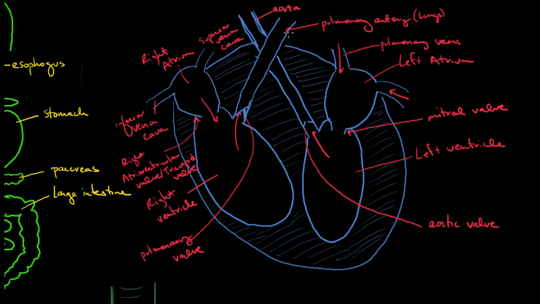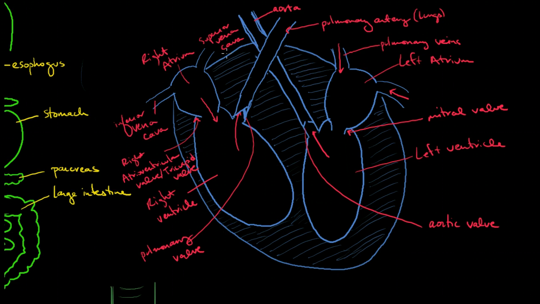And from the aorta it goes to the rest of the body, where the oxygen diffuses into every single cell in your body, so that your cell can use that oxygen as one of the ingredients of cellular respiration, taking up carbon dioxide from the cell, bringing it all the way back through the vena cava into the right atrium, to the right ventricle, through the pulmonary arteries to the lungs to get rid of the carbon dioxide and bring in fresh oxygen, which then comes back to the left side of the heart and back out the aorta.